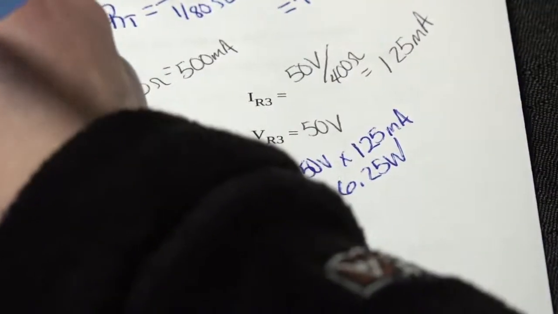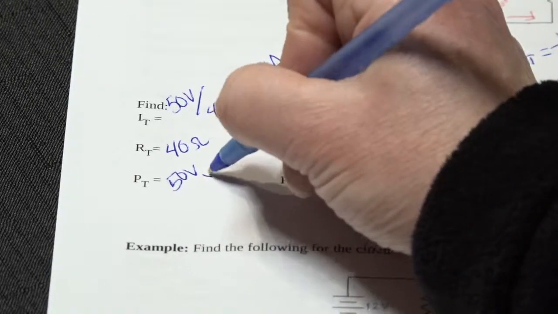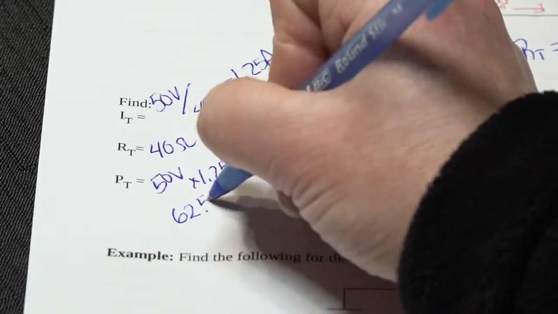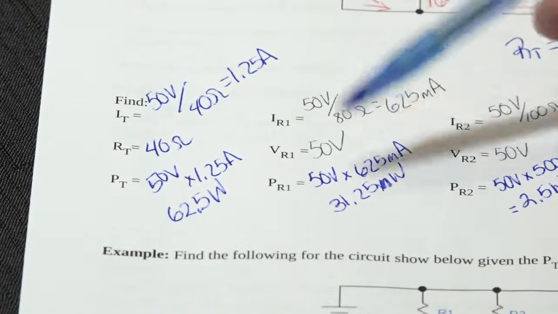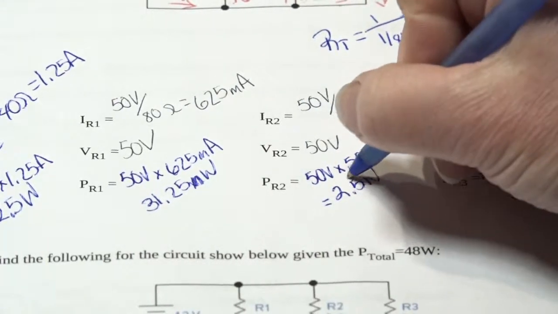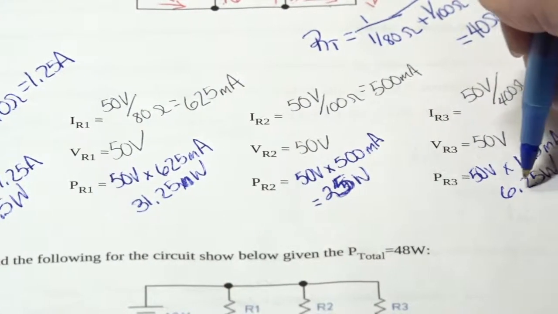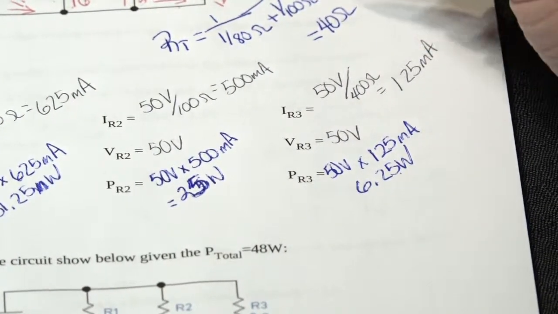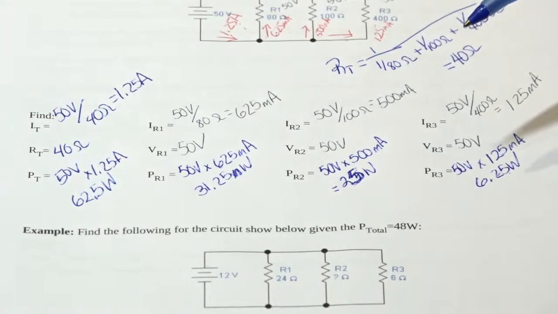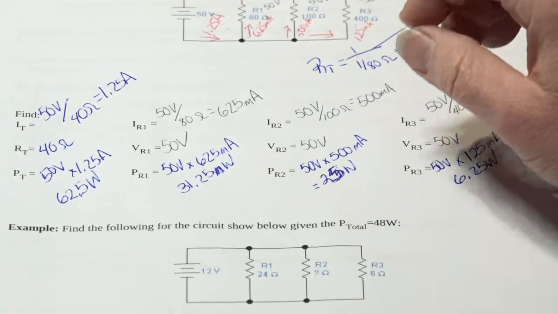Now if we calculate our total power here, it's 50 volts times 1.25 amps, which gives us 62.5 watts, which 31.25 plus 25, my bad on that one, plus 6.25 watts adds up to 62.5 watts. That's what happens when you sometimes use the DNA calculator instead of the real one.